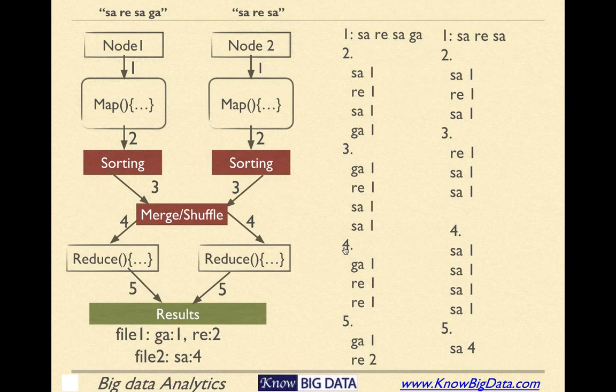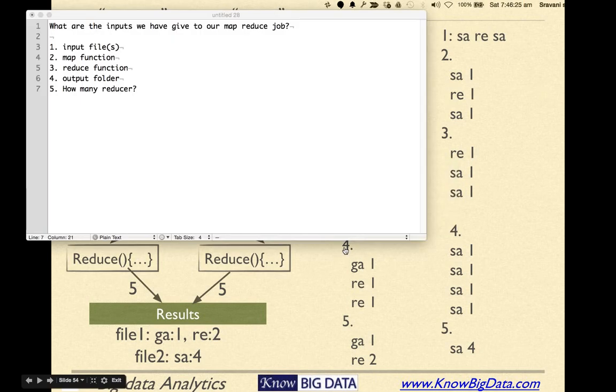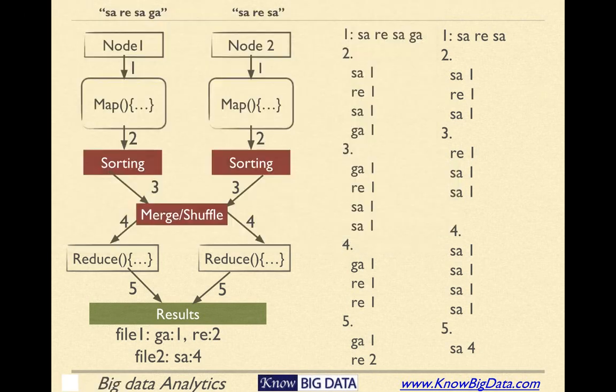Now, in the input, we could also tell Hadoop that, hey, my reducers are getting very much load. Reducer node, single node is getting overloaded. Please do the job on multiple reducers. Okay.